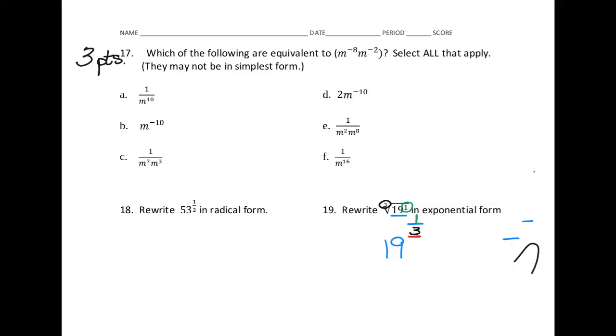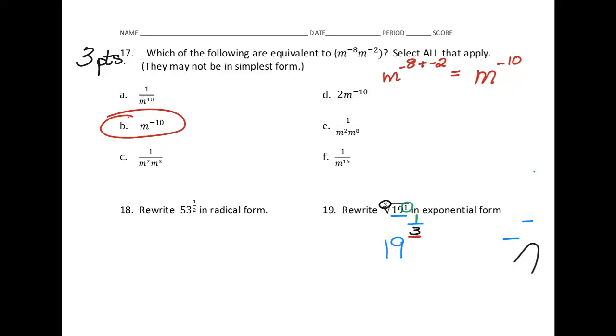Okay, so you would say m to the negative 8 times m to the negative 2nd is m to the negative 8 plus negative 2, which gives you m to the negative 10. Do we have an m to the negative 10? We do. Letter B.